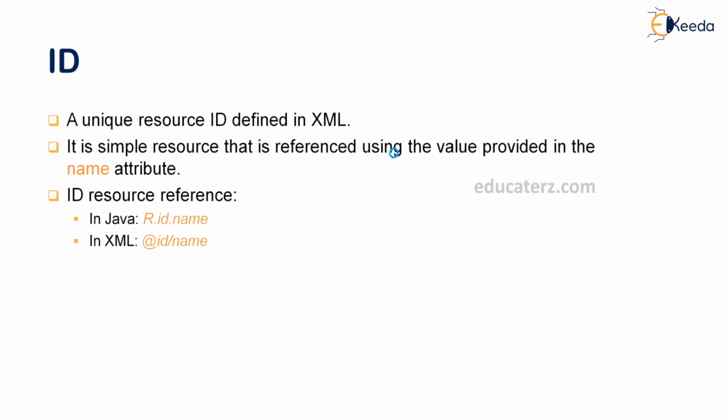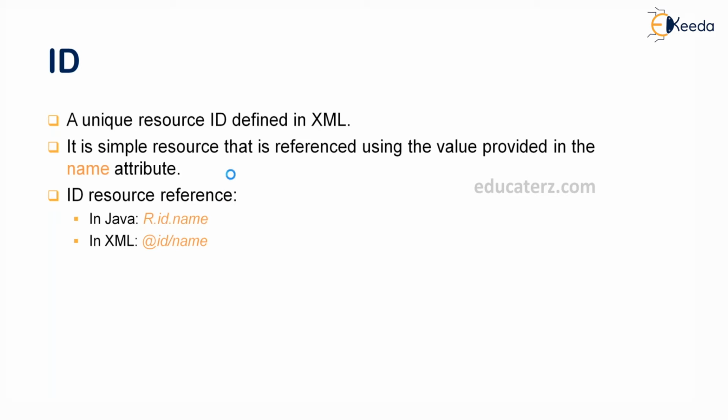Before going to the sibling relation, you must understand the ID or identifier. ID is a unique resource ID which we define in the XML for the elements, and it is a simple resource that is referred using the value provided by our XML elements with the name attribute. Like for buttons, text views, edit text, we will create an ID name like this.